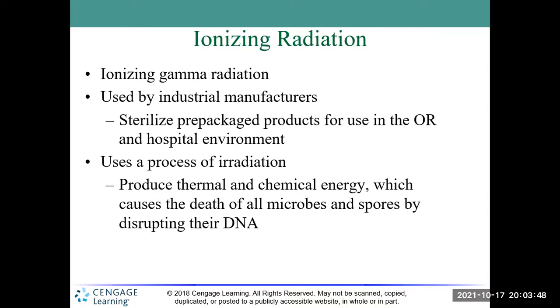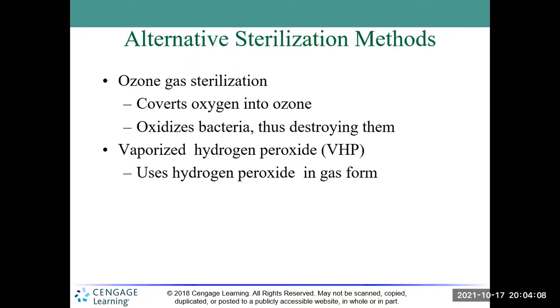This is ionizing gamma radiation, and prepackaged products that come already prepackaged are usually prepared this way. It uses radiation, which is able to eliminate all microbes and spores because it disrupts their DNA. Ozone gas is also used for bacteria, and it will destroy those. And then vaporized hydrogen peroxide is also used as another form.